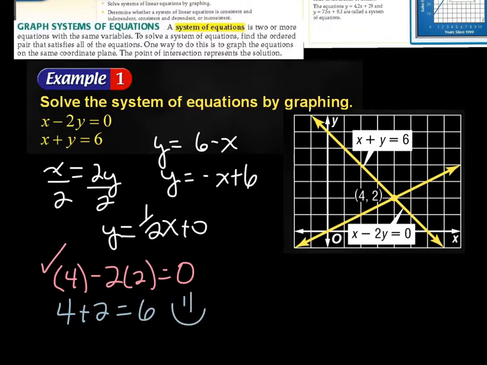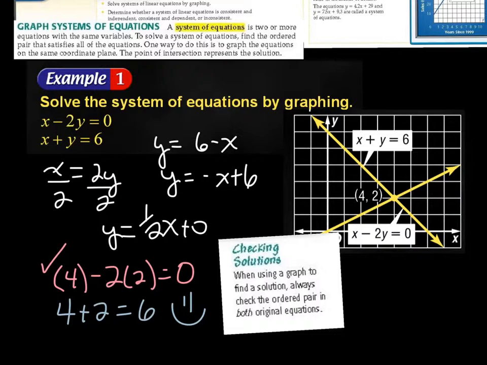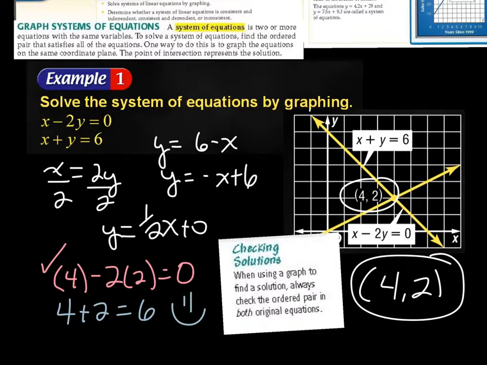It is good. When checking a graph to find a solution, always check the ordered pair in both of the original equations because it could be true for one and not both, and that would not be good. I have not circled my answer anywhere. On the graph it's (4, 2), but we'd probably want to write it on our notebook paper as well. So the answer to the whole shebang was the ordered pair (4, 2).